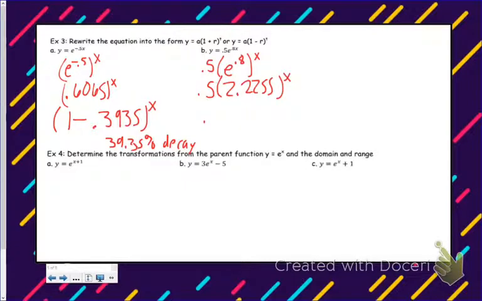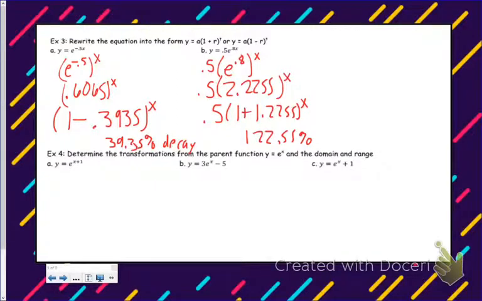All right, so again, that 0.5 stays separate. So this is 1 plus 1.2255. So again, 0.5 would be my initial amount. My percentage would be 122.55%, which is a large growth. And again, we know it's growth because our value up there is greater than 1.